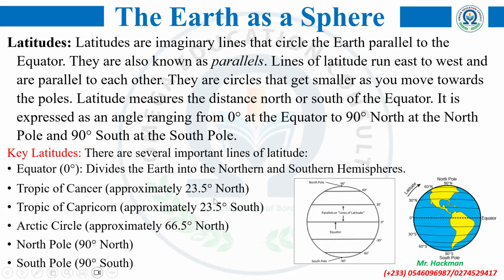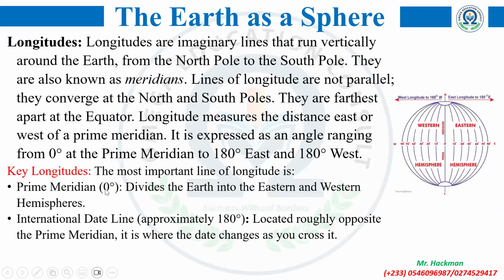Instead of giving you this, I only mentioned Tropic of Capricorn, so you should know that it is the same as 23.5 degrees south. So it's a small circle, and therefore you involve theta. Its opposite is what we call Tropic of Cancer. Is my point well made, my professors?